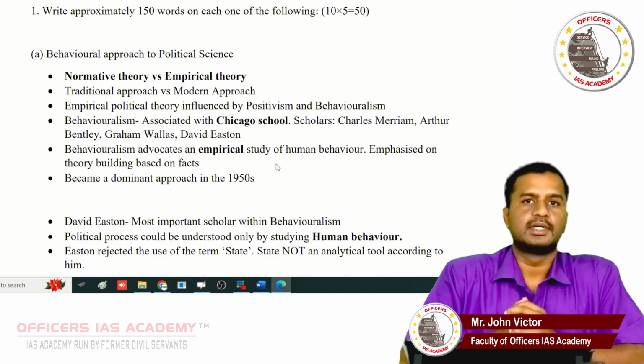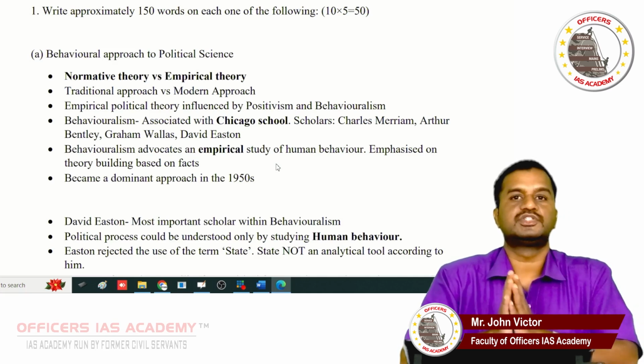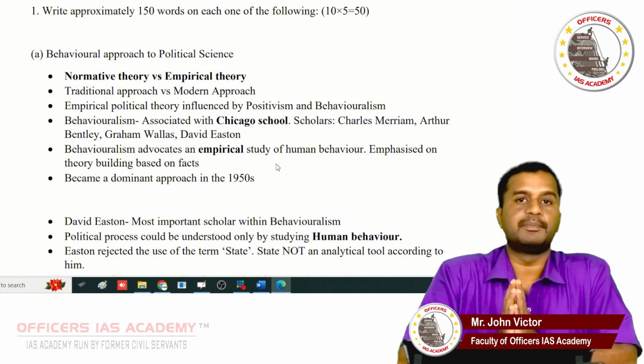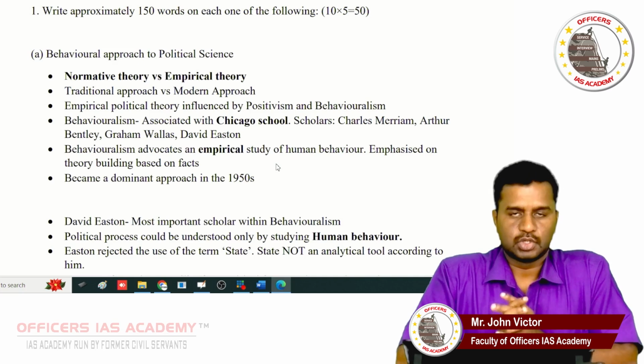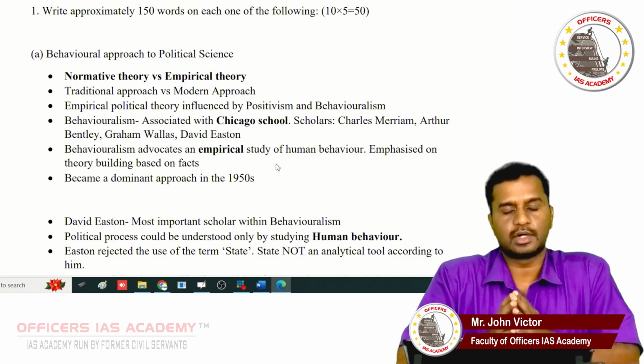Now the subject core contains these important aspects. You have to mention the key concepts in the subject. In paper 1, you have key concepts like democracy, power, and so on. In paper 2, you have key concepts like realism, idealism, functionalism, liberalism, and so on.